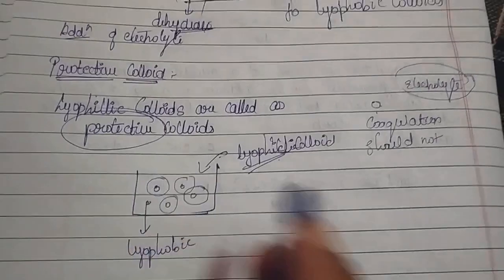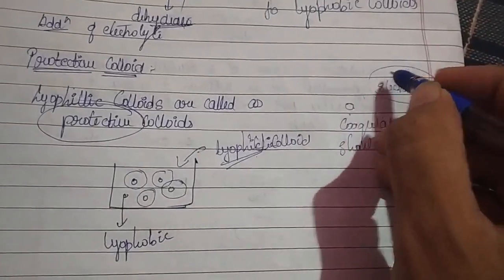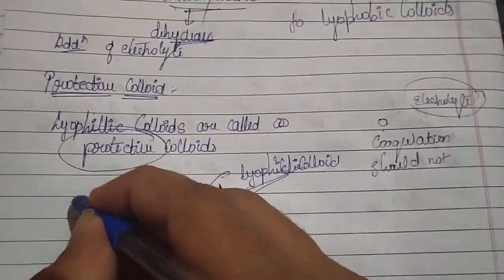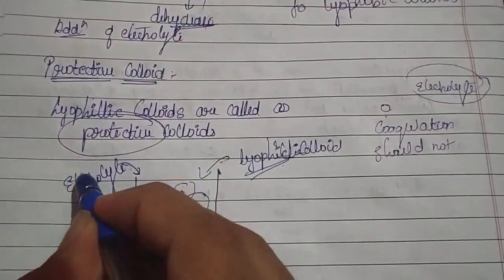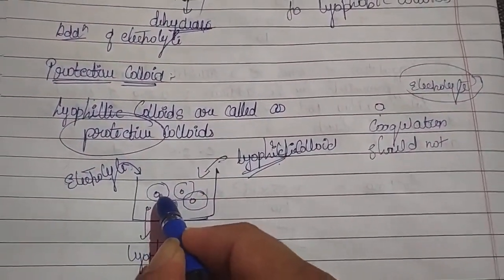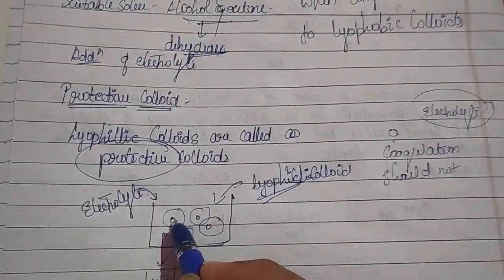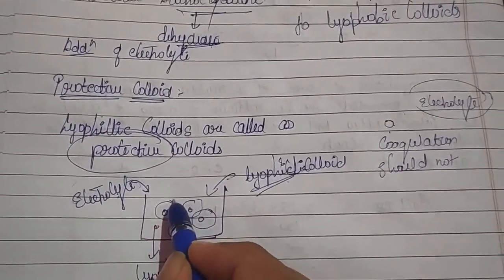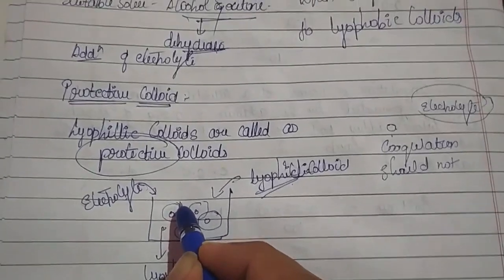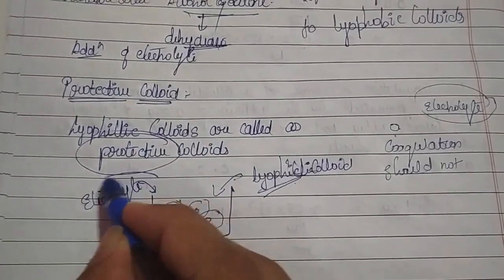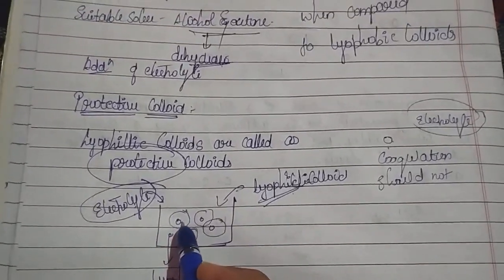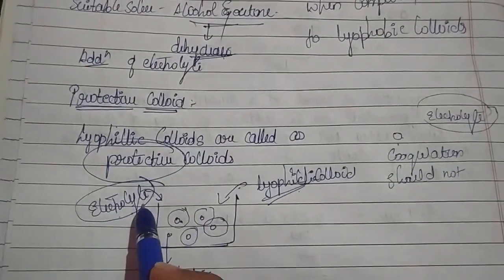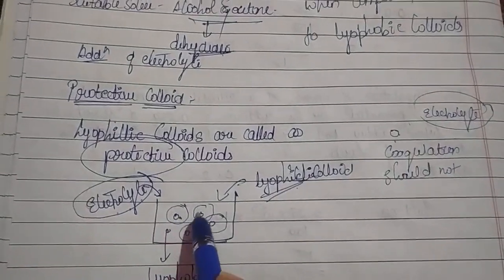So when such a thing happens and you add the electrolyte, what should happen? This electrolyte will not come in contact with your lyophobic colloid. Instead, it comes in contact with your lyophilic colloid.